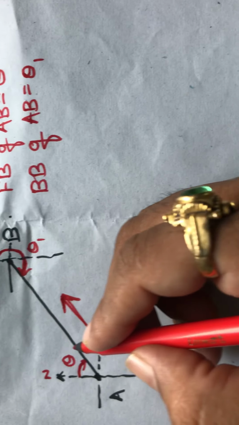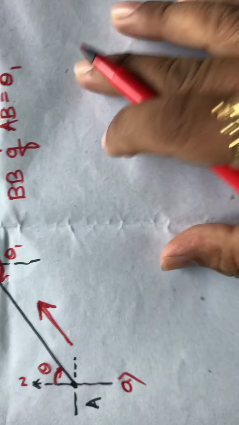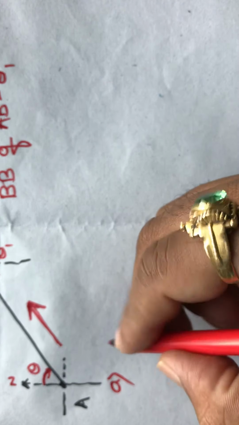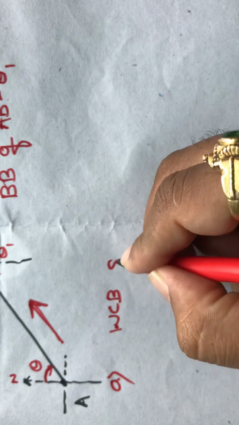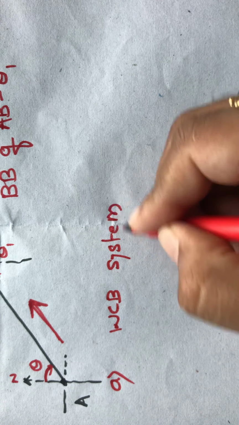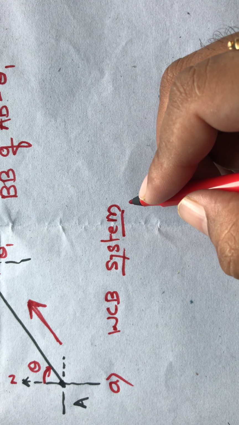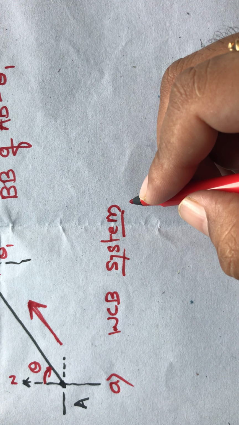First relation, in the whole circle bearing system: the difference between fore bearing and back bearing should be exactly 180 degrees.